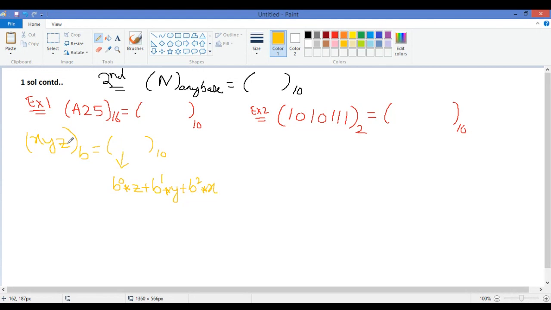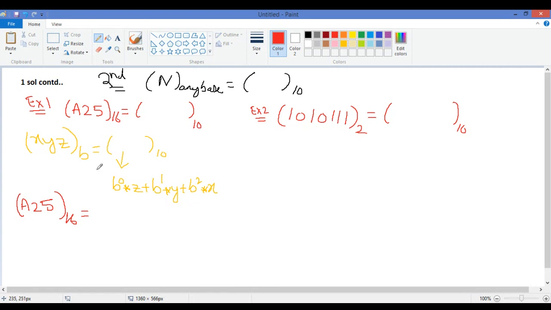Now let us apply this formula. We'll apply this formula to our problem A25. A25, its base b is 16.